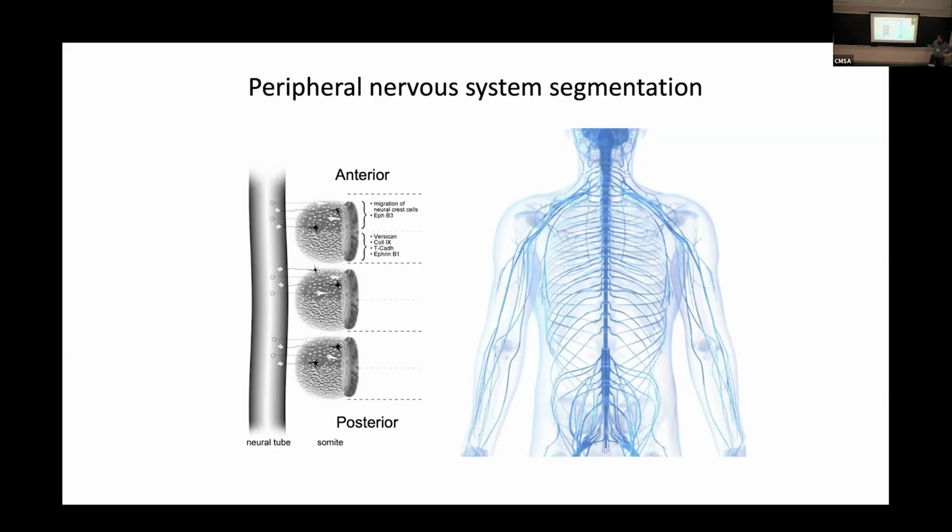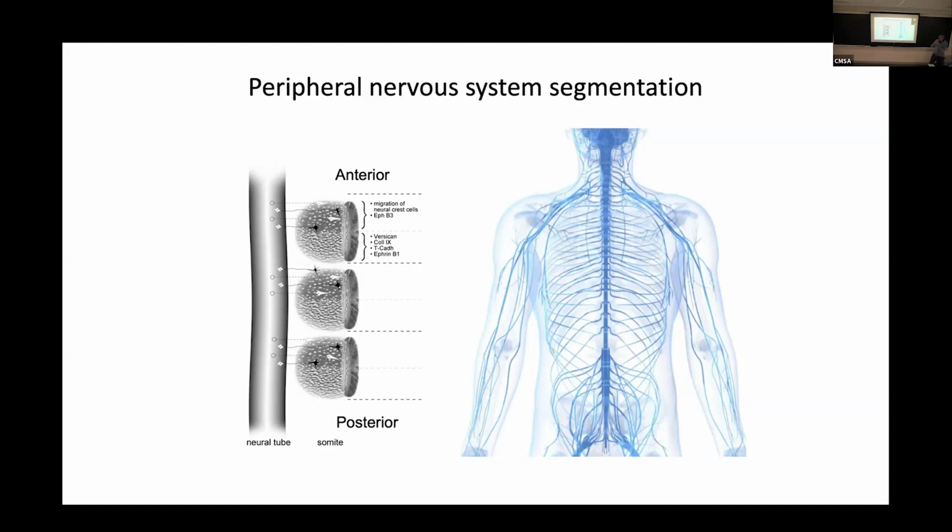And this is implemented through a process called the resegmentation of the somite, which essentially describes the fact that vertebrae are formed by the fusion of the anterior part of a somite to the posterior part of the consecutive somite. So there is a sort of shift between the definitive vertebra and the initial somite.